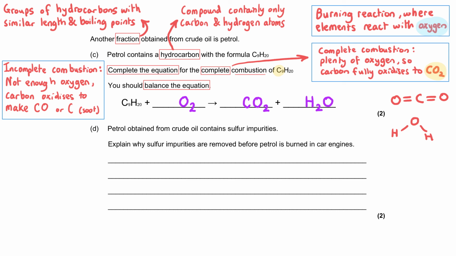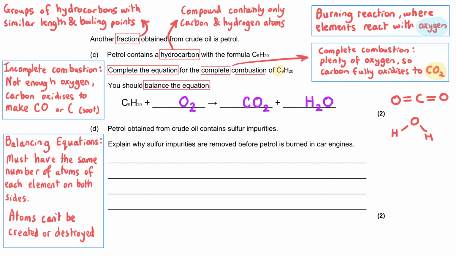And balancing equations comes from the law of conservation of mass, which is that atoms cannot be created or destroyed. So however many atoms of each element we've got in the reactants, we need to have the same in the products. And so currently this is an unbalanced equation because all of the elements are wrong. We've got different numbers of all of them on either side of our arrow.